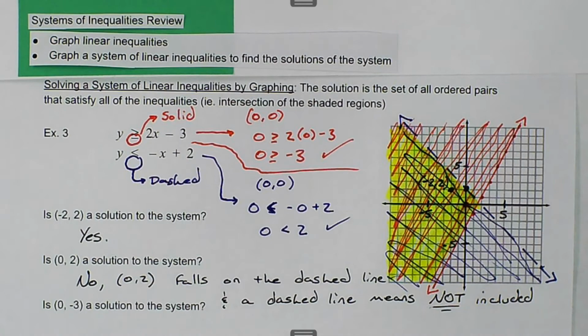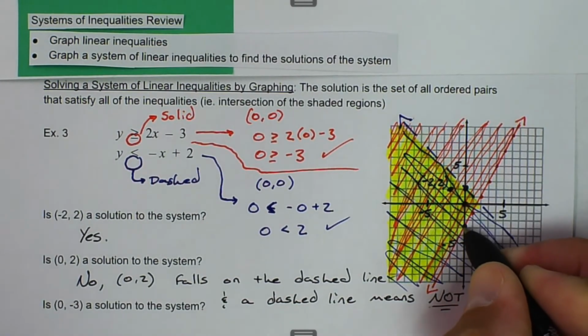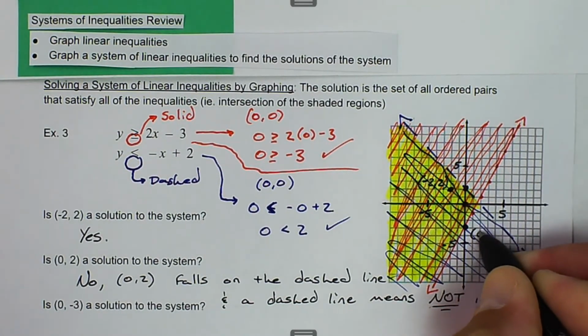And then we have another one, 0, -3. So 0, -3 is the y-intercept for the other line.